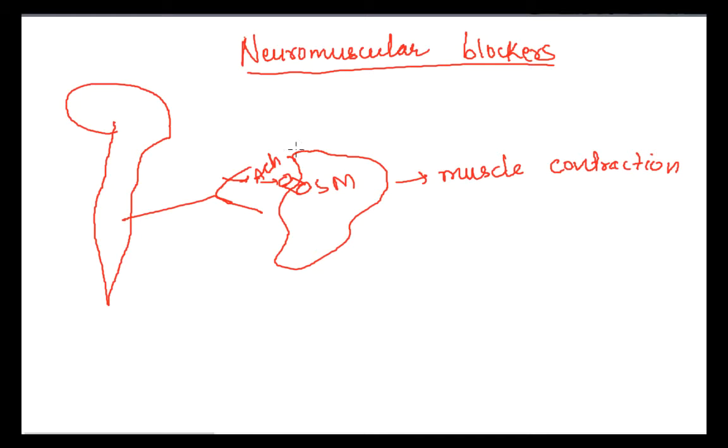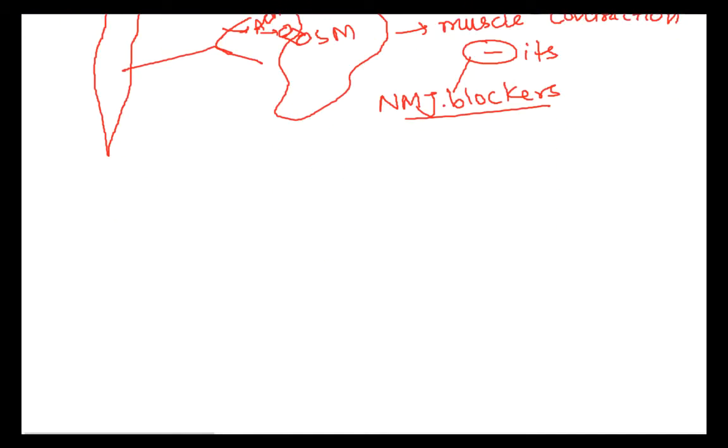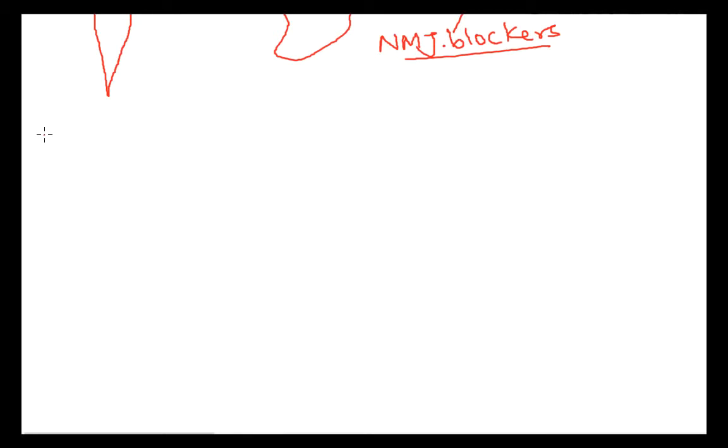So basically neuromuscular blockers inhibit this ACH mediated effect on skeletal muscles, right? So to study this we have to understand that there are two types.